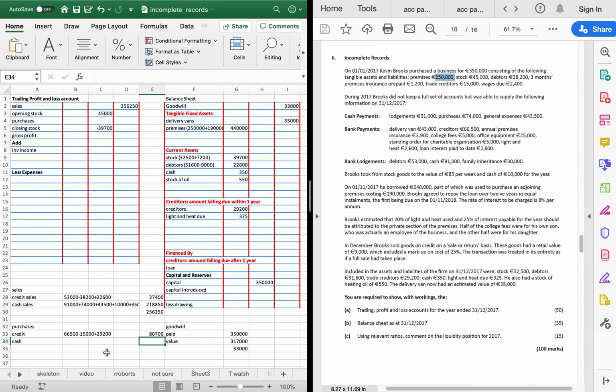Which is 80,700. Cash purchases you don't have to work so hard at. It's just given to you here. So cash purchase 74,000. So you just add those two together.